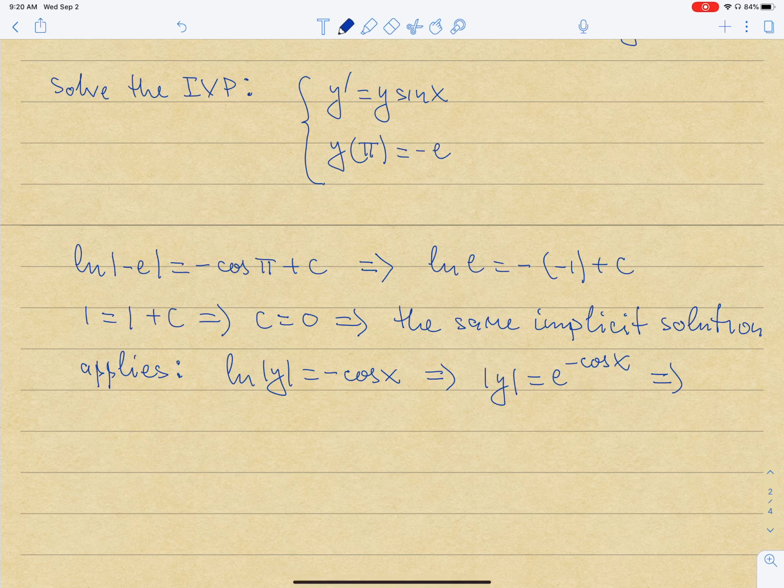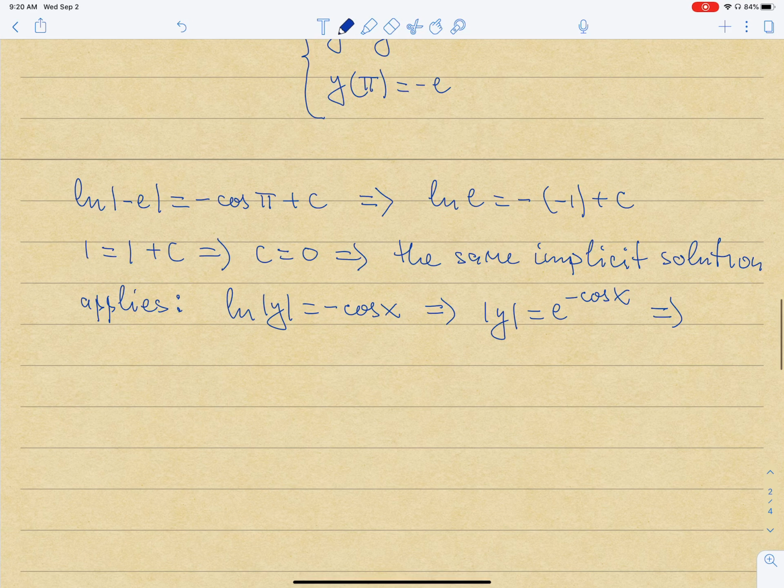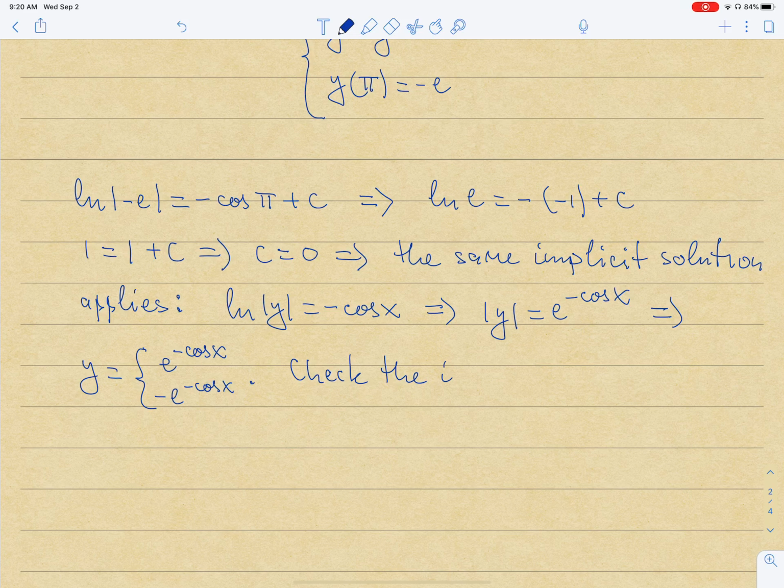And again, if I get rid of absolute value, this means that y is equal to one of two things. Either it is e to the minus cosine of x, or it is minus e to the minus cosine of x, because both will produce the same absolute value e to the minus cosine of x. So once again, I'm going to check the initial condition.